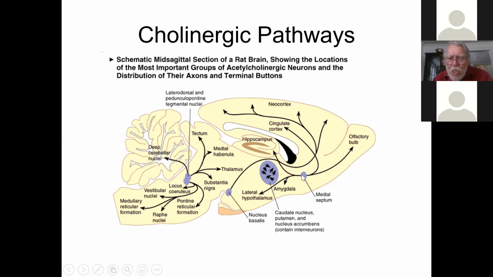In addition, the medial septum sends cholinergic cells out to the amygdala, which of course is mediating things like fear, et cetera, and you are then having medial septal input going via the fornix in the opposite direction.